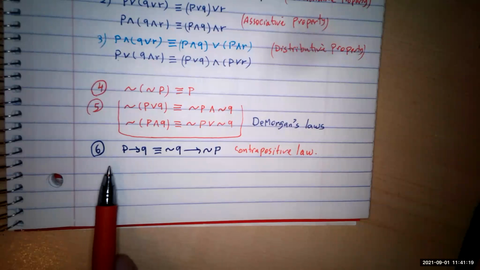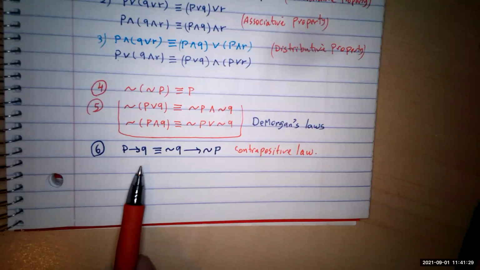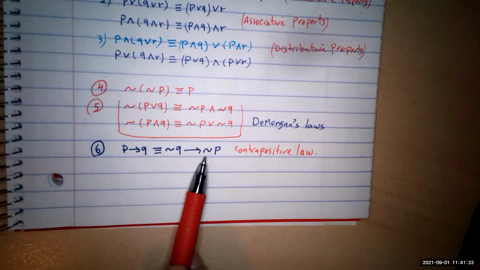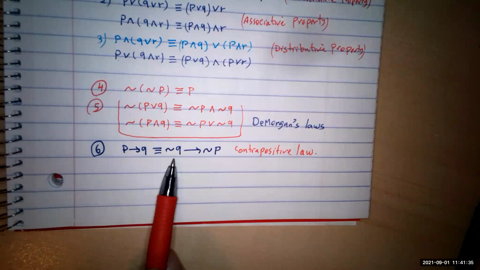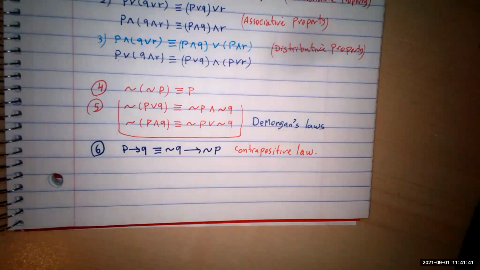For example, using calculus, we know that we can prove that if a function is differentiable, then the function is continuous. This version would be: if the function is not continuous, the function is not differentiable, which is much easier to handle. We know that if the function is not continuous, there is a break, there is a gap.